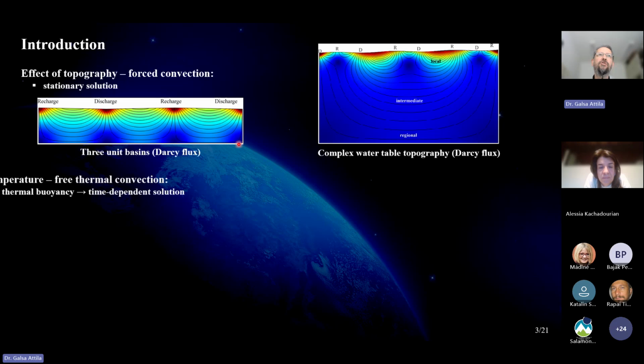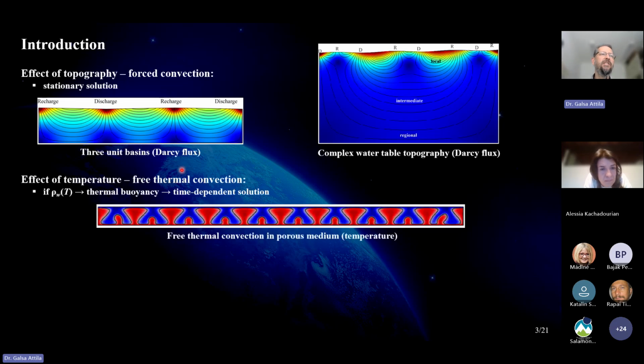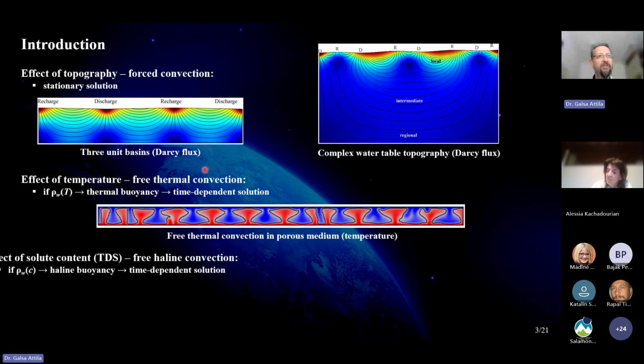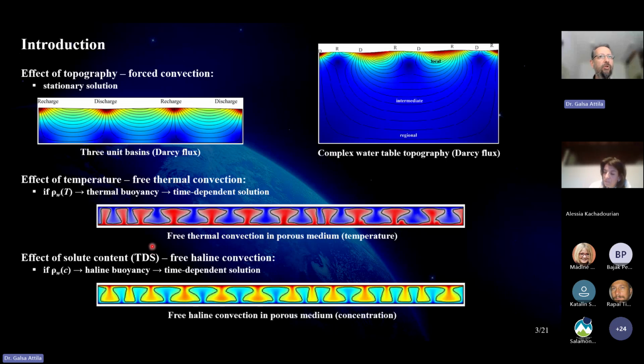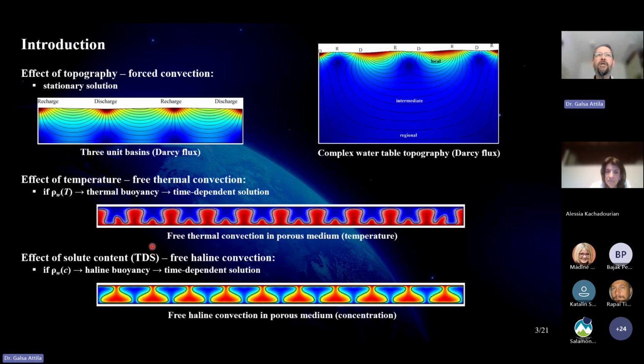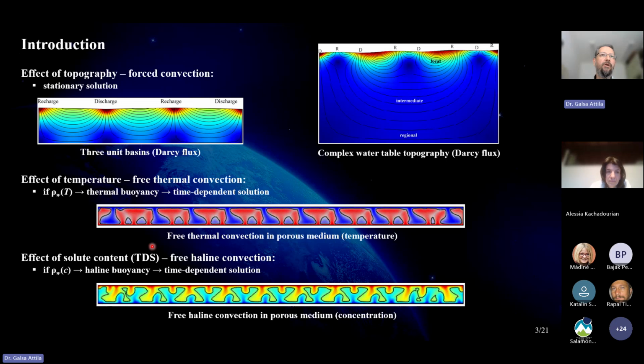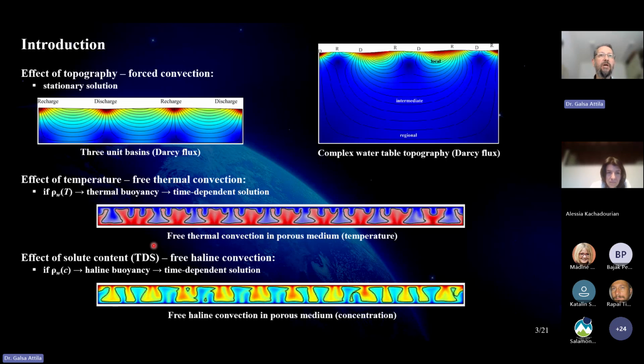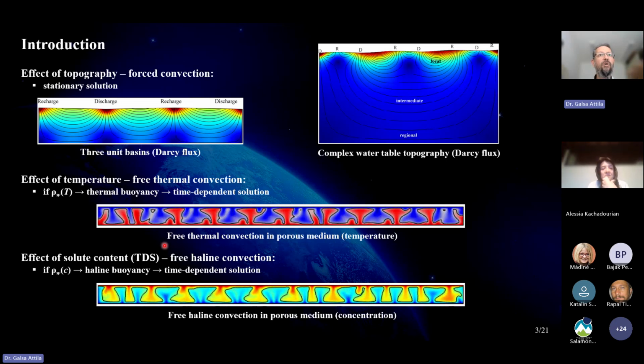But others who studied deep geothermal reservoirs argued that no, the free thermal convection must be the most important force. Still others believe that the total dissolved solid content is what primarily influences the groundwater flow, for example, near coastlines. So the free haline buoyancy must be the most important effect.